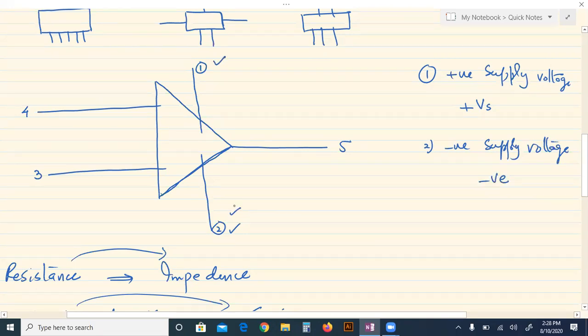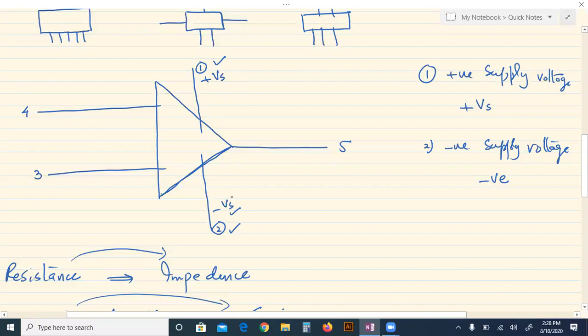These two terminals are connected with the battery to switch it on. So we have to switch on the electronic circuit first. These terminals are called supply. One is positive, the other is negative. The positive terminal of the battery is connected here and the negative terminal of the battery is connected here, just to switch it on.